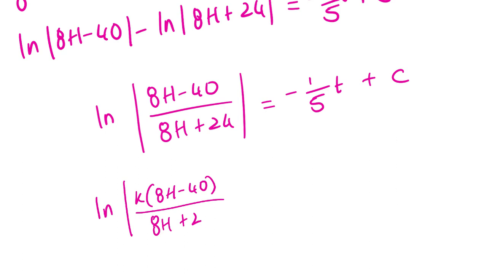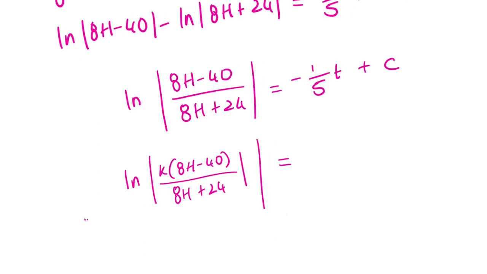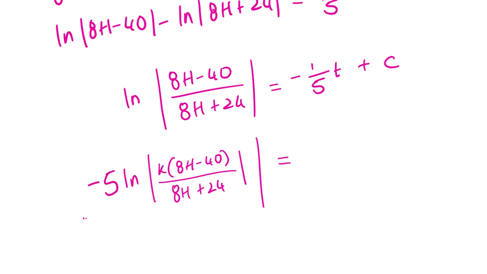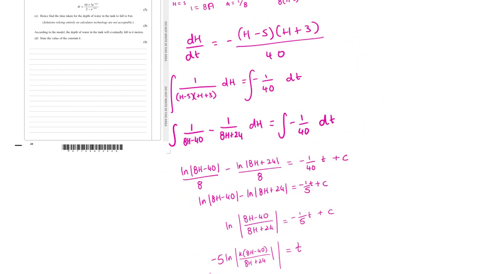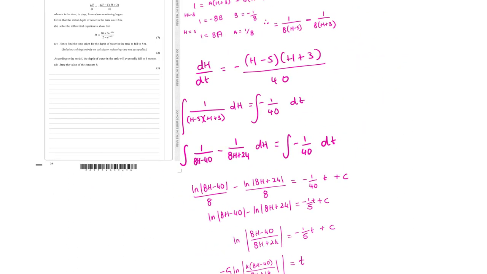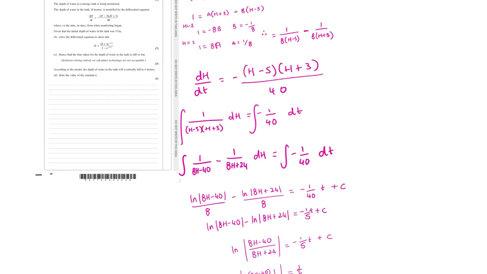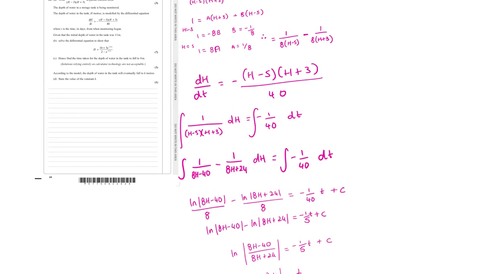Actually, before we do any of that, let's actually find c. No, let's keep it like this. Equals minus 5. This is what t equals, yes? So let's substitute in, given that the initial depth of the water was 13 meters.